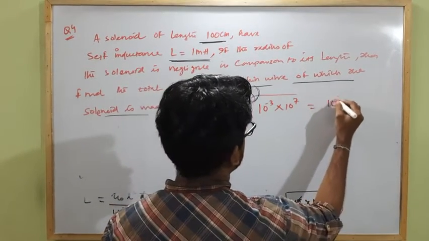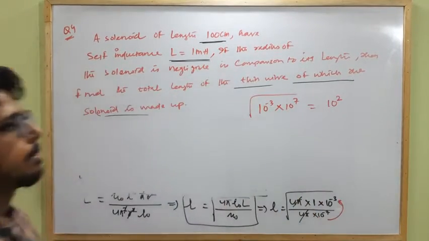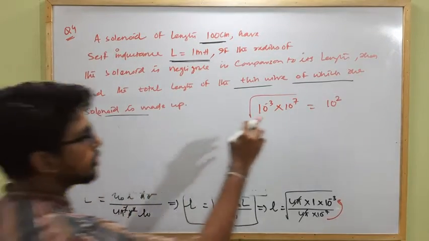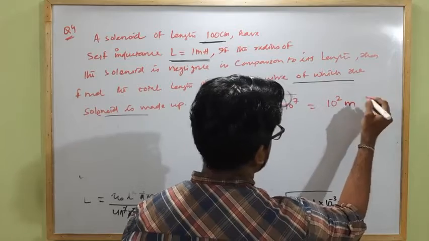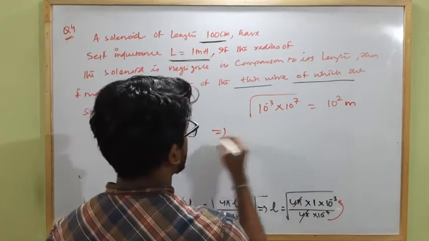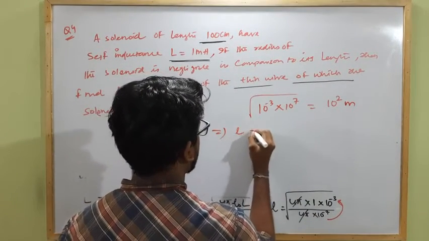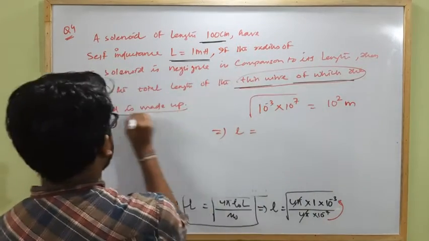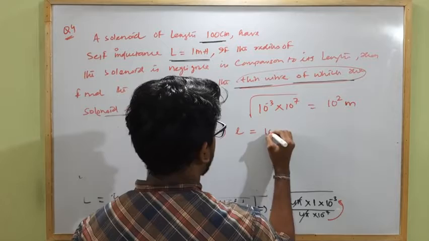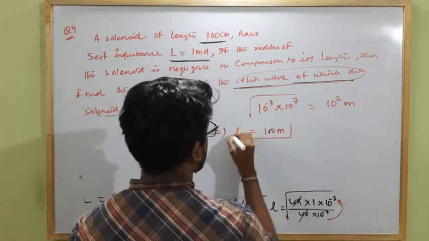So this will be 10 to the power 2. Clear? What is 10 to the power 2? Meter.